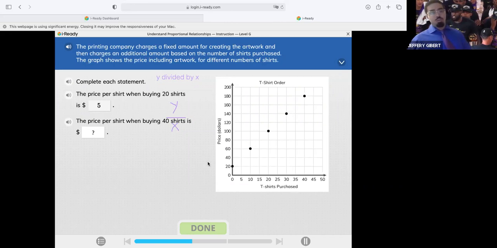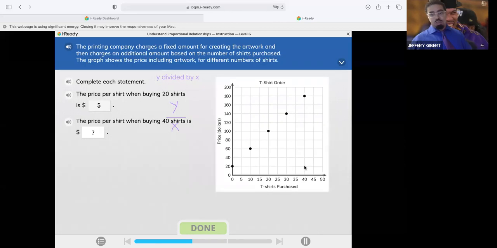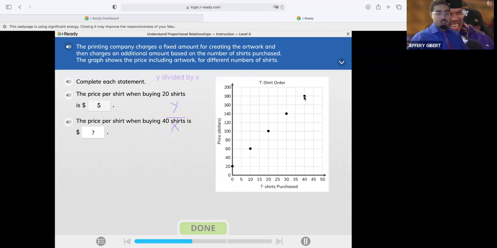You find the 40 because it says 40 shirts. So you find 40 on the shirts, and then you go and find the point that has 40 shirts. And then you see what the y is, and then do y divided by x.